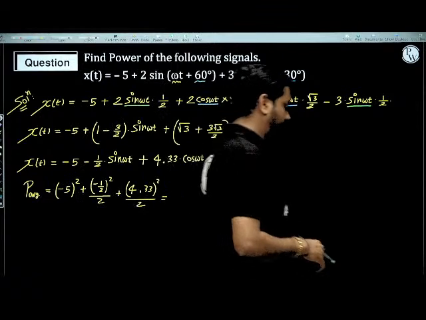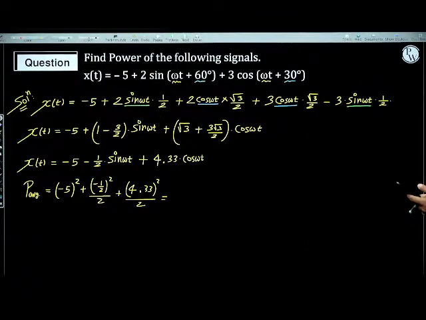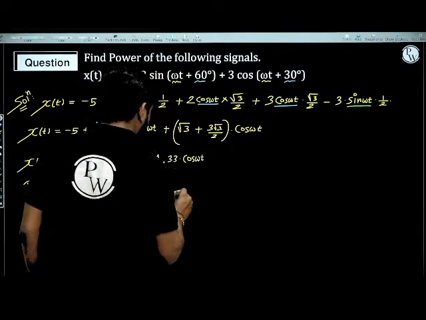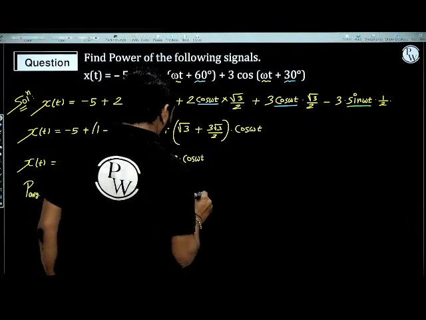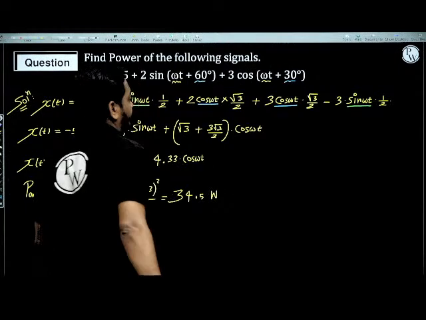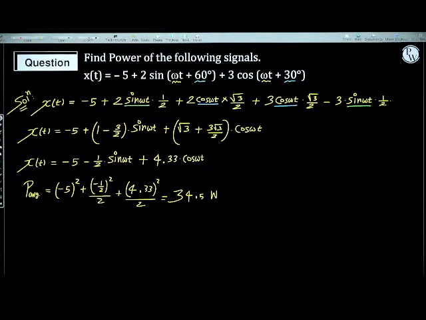So the total power is 25 plus 9.5 and so on, which gives 34.5 watt. So the average power here is 34.5 watt.